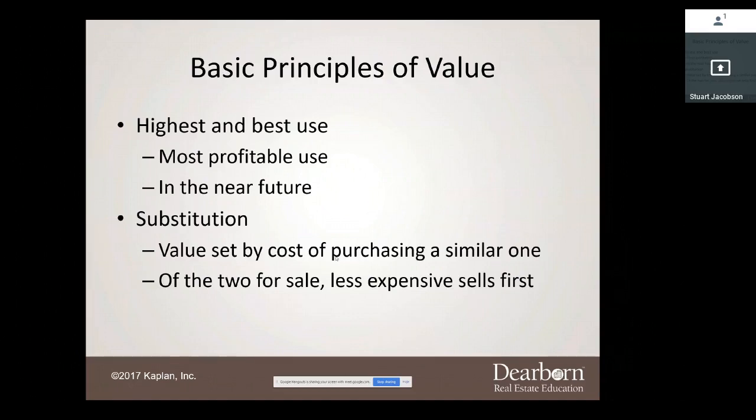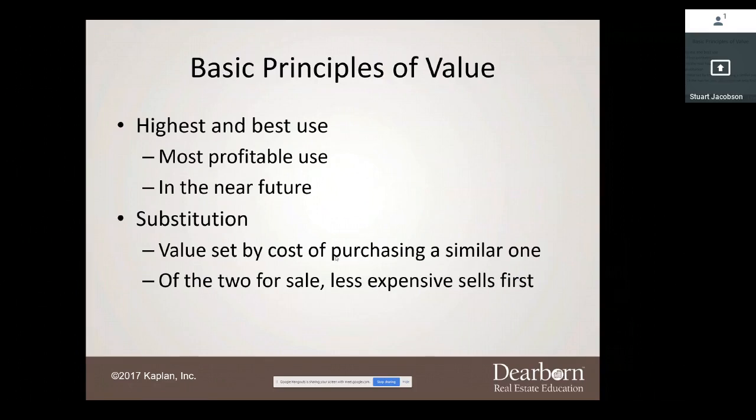Substitution is basically saying that if there are two homes that are similar, the least expensive of the two will sell first. Okay, this is how we compare things. This is how we use one of the approaches to value, which is the sales comparison approach.